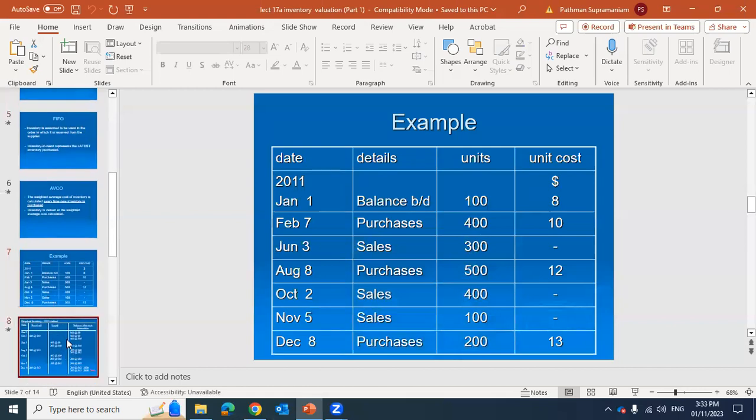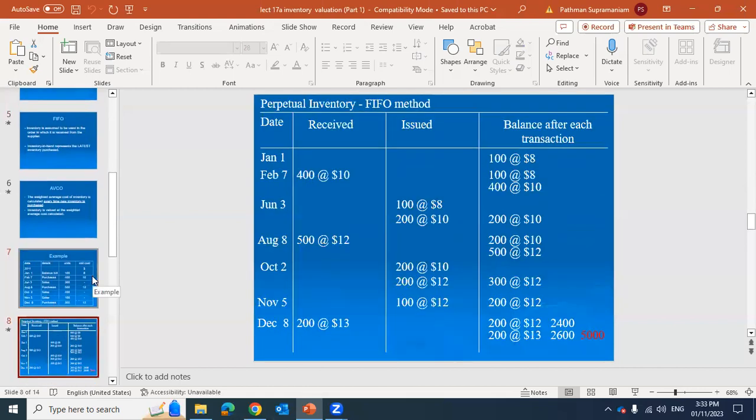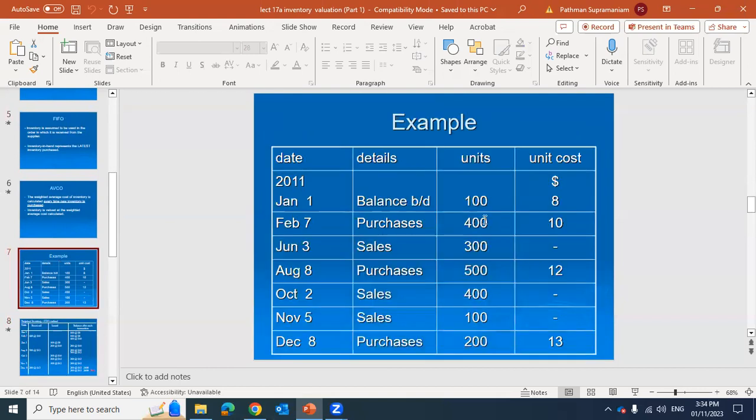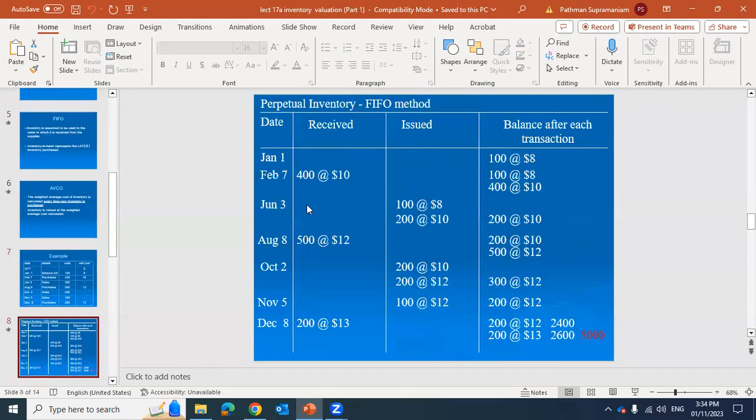Okay, let's get started. Our end objective is to calculate the inventory balance in hand. I will start with the first line, which reads as balance brought down, 100 units at $8 per unit. The way I will record this is like this, 100 at $8.